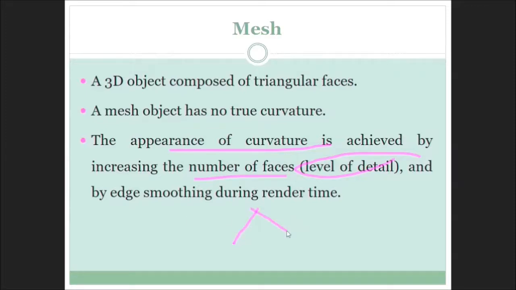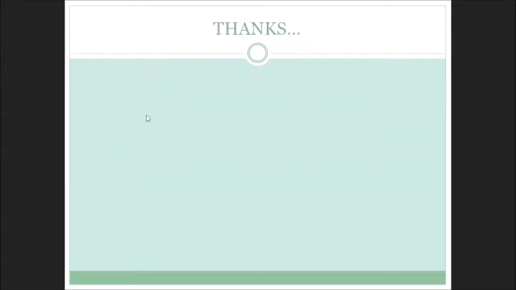So this is a mesh, composed of triangular faces. So this was the first part of the 3D graphics glossary.